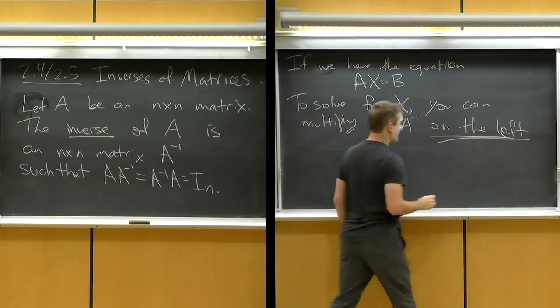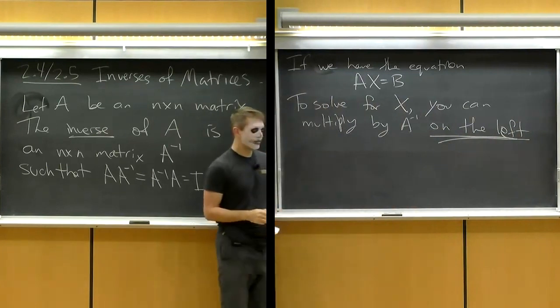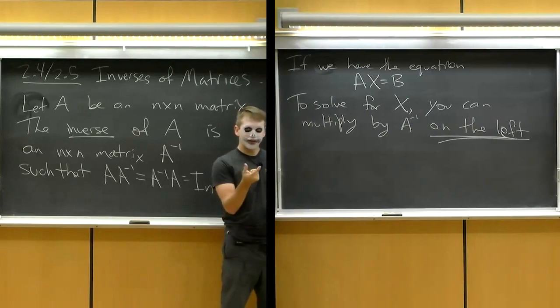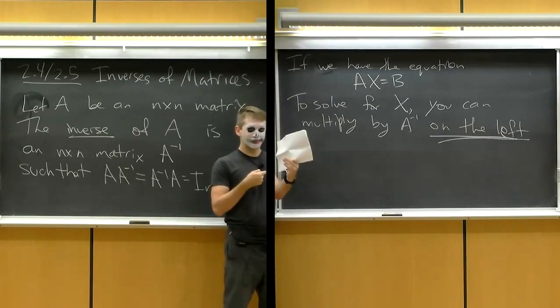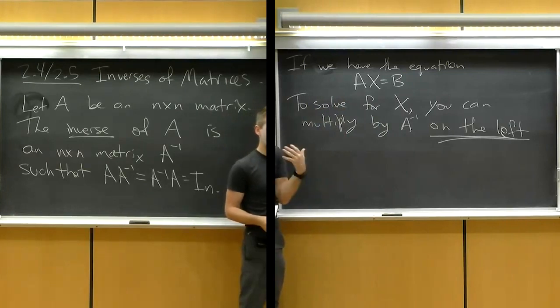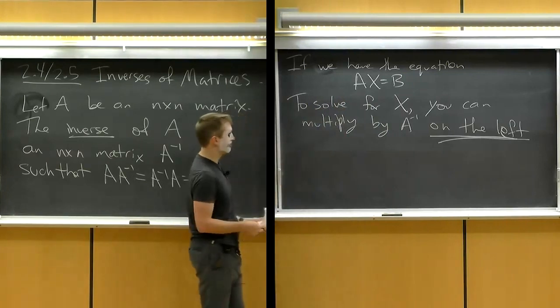Okay, so for matrices, it's important, you can't just start multiplying things, because remember matrix multiplication is not commutative, so A times B is not the same as B times A. So multiplying an equation on the left is different than multiplying it on the right by something.